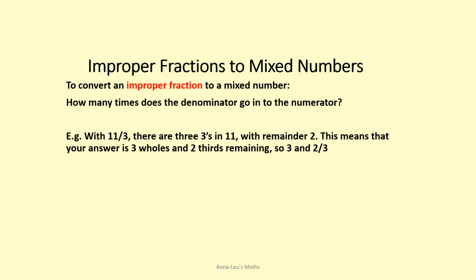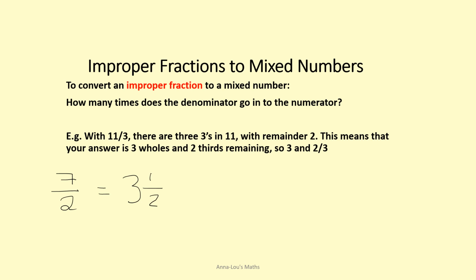So let's look at another example to make a little bit more sense out of that. Let's say that I had 7 halves. So what I need to do is, how many times does 2 go into 7? 2, 4, 6, 2 goes into 7 3 times. So I've got 3 wholes and 1 remainder.